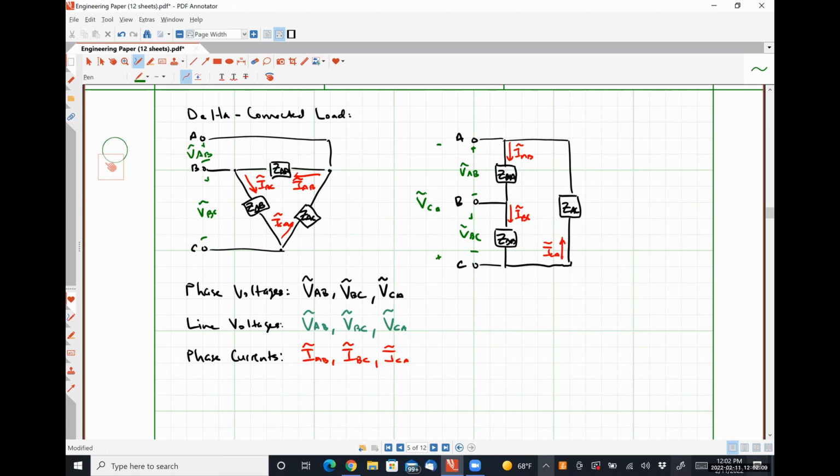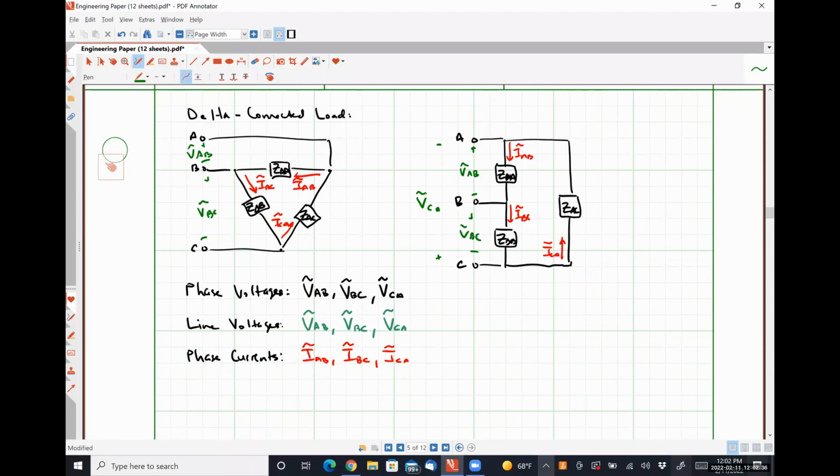So we have two different ways that we can connect our three-phase voltage source and two different ways that we can connect our three-phase loads, giving us possible combinations of Y delta systems, YY systems, delta delta systems, and delta Y systems, right?